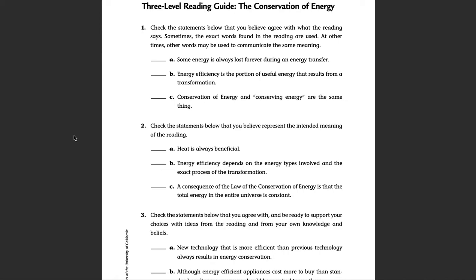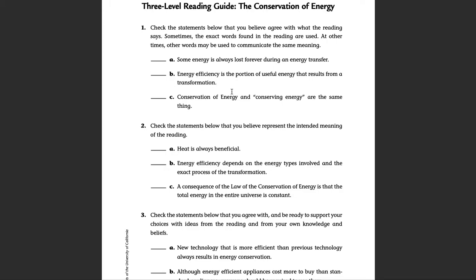So Statement A we know would not be correct or true because it says some energy is always lost forever during an energy transfer. Remember, it's just transformed into other forms of energy, whether it's kinetic to thermal, things of that nature. So Statement A is not true.